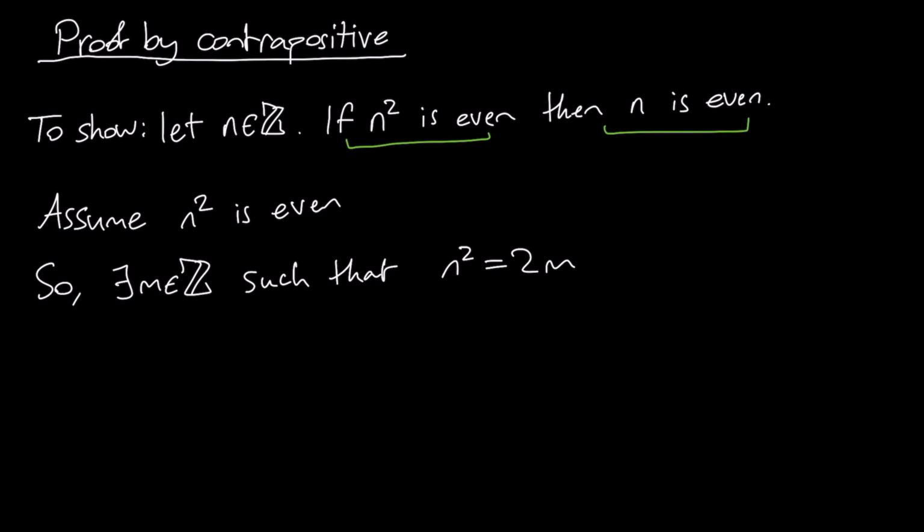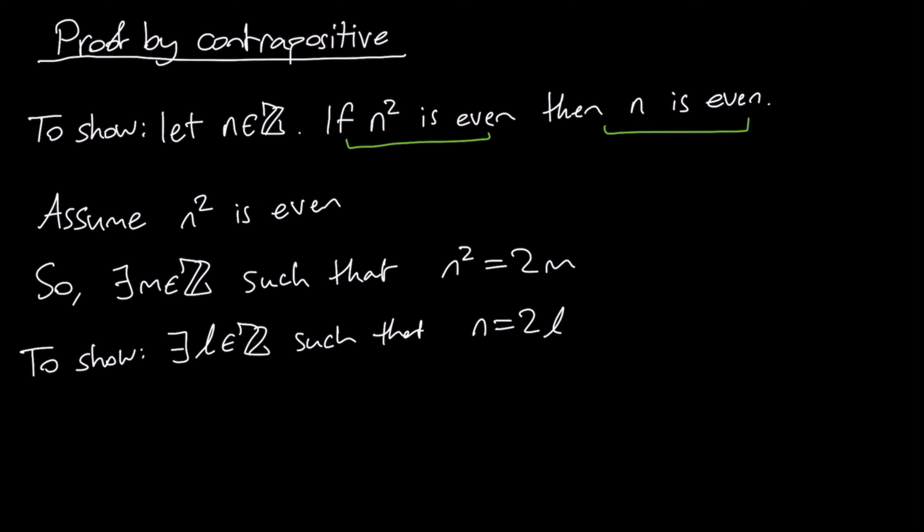I've chosen m again. And now I need to show that there exists some other integer such that n is equal to 2 times that integer. But since we're going in the other direction, we can't pull the same trick we did last time, because we're starting with n squared equals 2 times something.